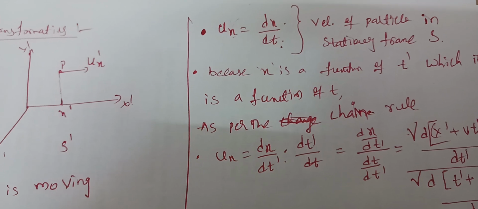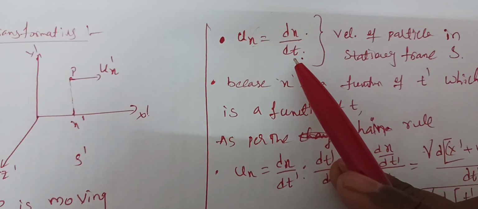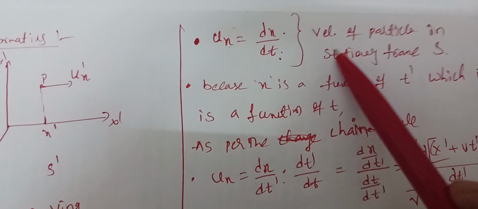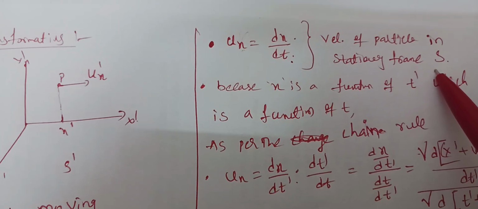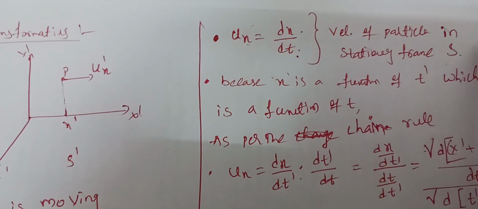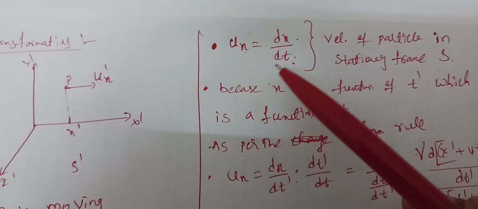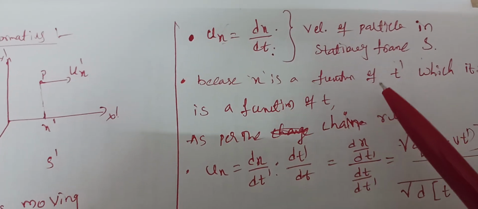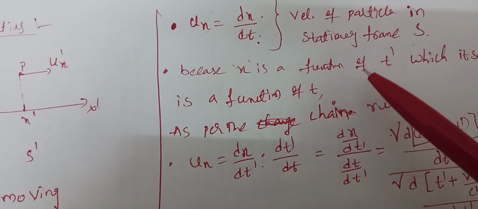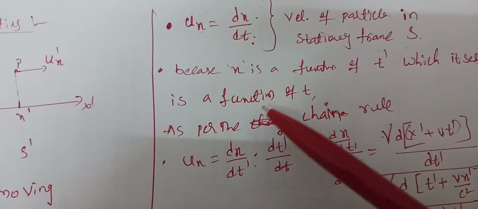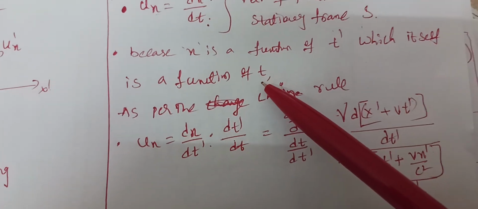It is the change in position with respect to time, nothing but the velocity of the particle in the stationary frame S, the particle which is moving in the S dash frame, with respect to S. Now x is a function of time t dash, which itself is a function of t as well.